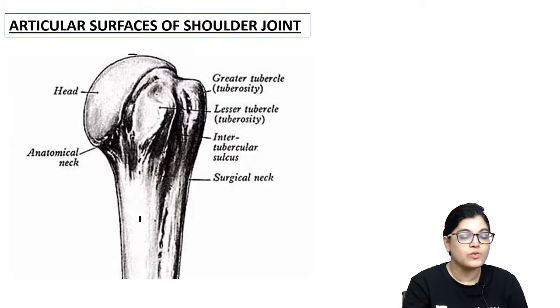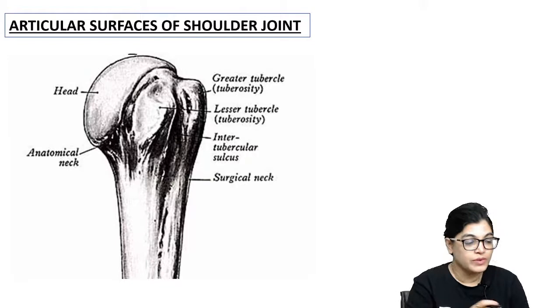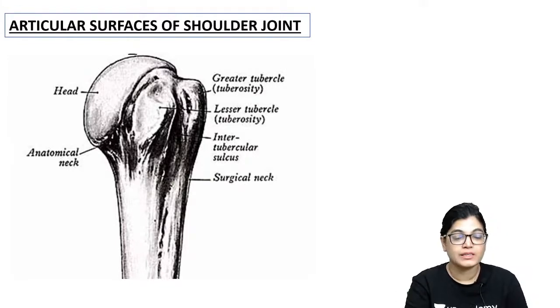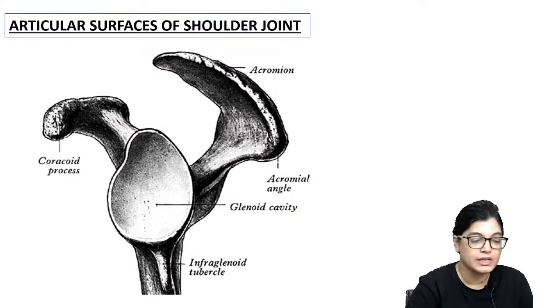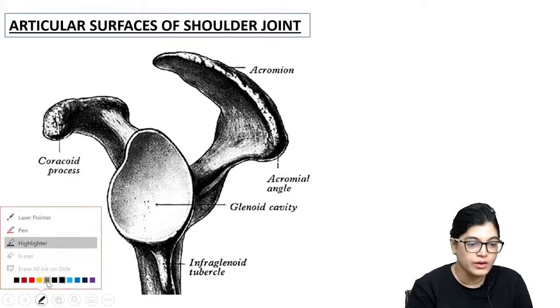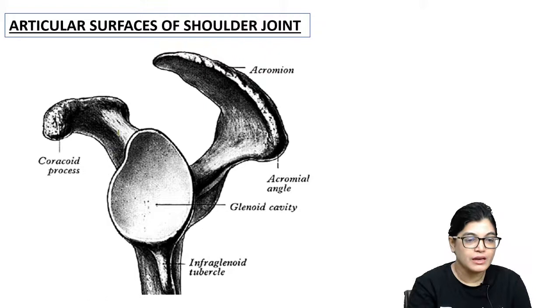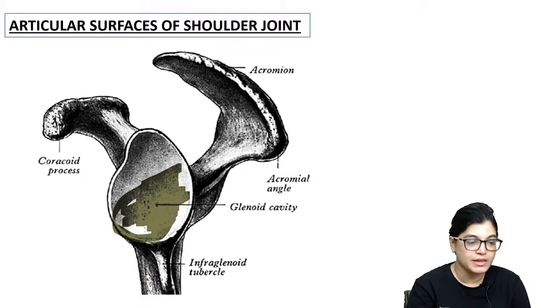Now I also want to show you the shallow glenoid surface. When seeing the diagram, you can understand why it is a joint prone to recurrent dislocation. When you see this diagram, you can appreciate that the glenoid cavity is very shallow.